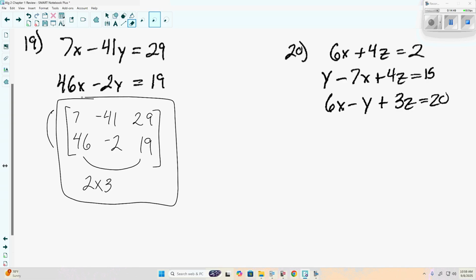Well, let's look at number 20. First equation, 6x plus 4z equals 2. So 6x, 4z, 2, they're in the correct order. The middle one, we have y minus 7x plus 4z. The y and x are switched, so we need to switch them back.